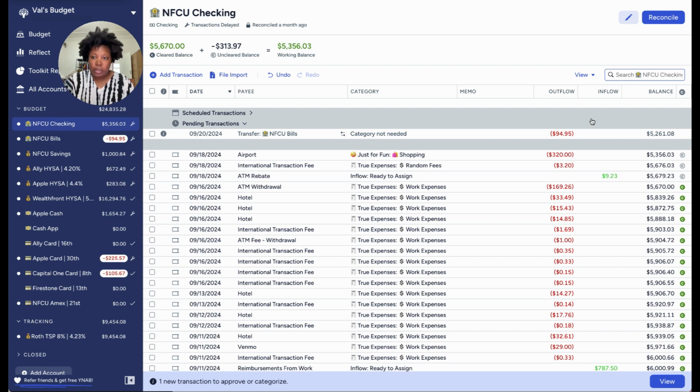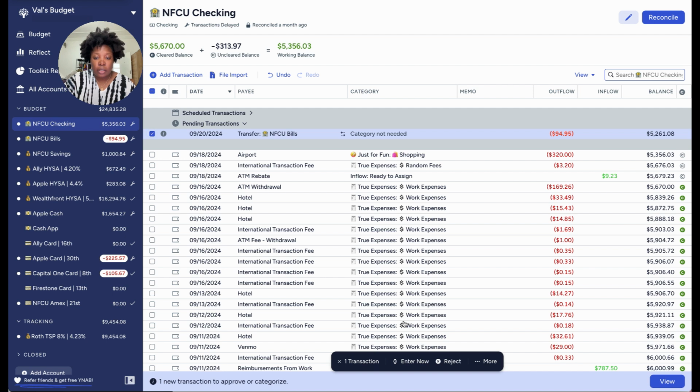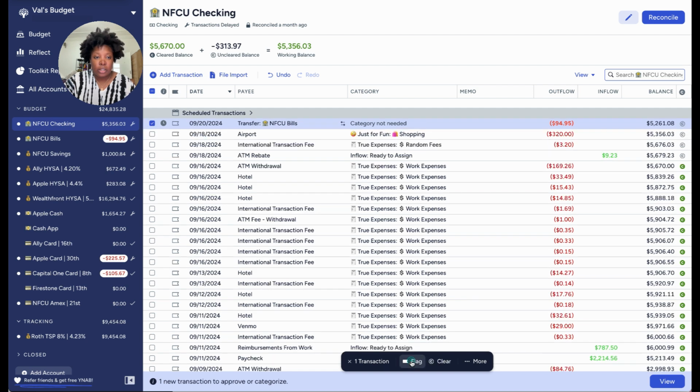And then I have a transfer to checking on the 20th for $94.95, or transferred to my bills account because I needed to pay my Navy Federal Amex card. So this one was a transfer of $94.95, which is here. So let's go ahead and enter this transaction now.